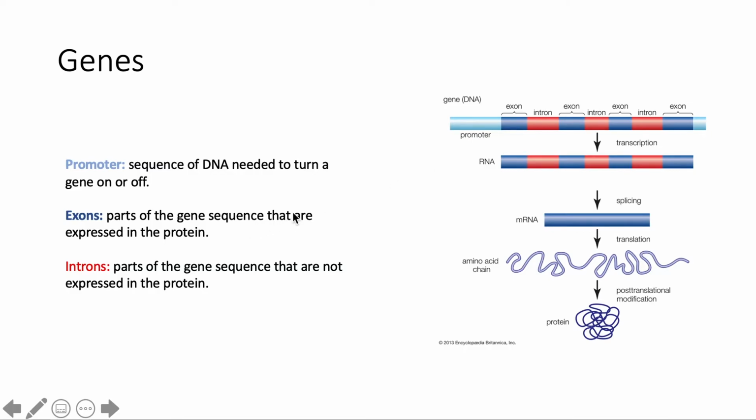And then we have the exons, and the exon basically is the sequence that is going to be expressed in the protein. And then we have the introns, and the introns are the regions of the gene that are not expressed into the protein. So here, this is the DNA that has all the regions: the promoter, exons, and introns. After transcription, that is the process in which the DNA becomes an RNA, we can see that this RNA is an immature RNA.